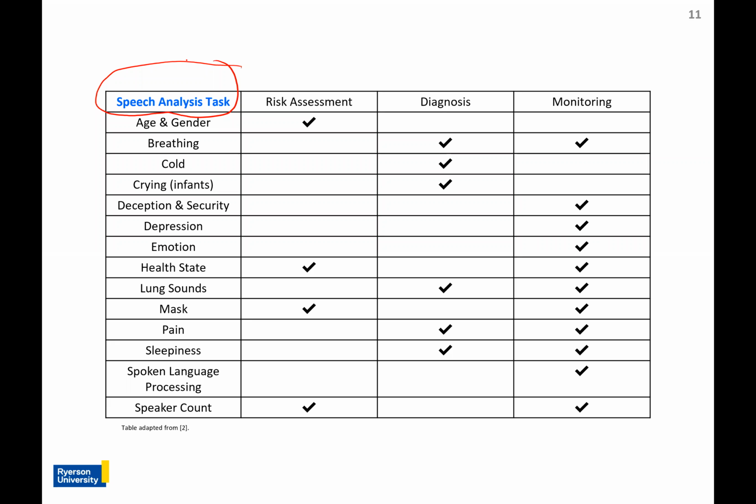From speech data you can get information about age and gender, breathing aspects, cold, in some cases the crying of infants, security applications, depression, emotional state, and so forth. It could be used for risk assessment, diagnosis, or monitoring, and there is a nice tabular formulation of what can be achieved by speech analysis in different applications.